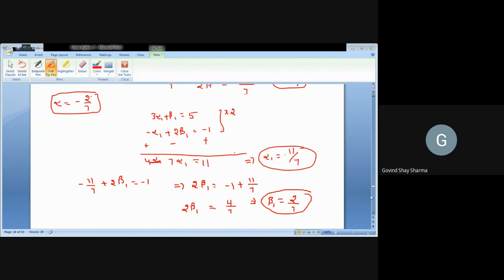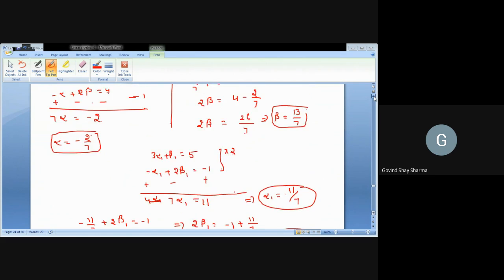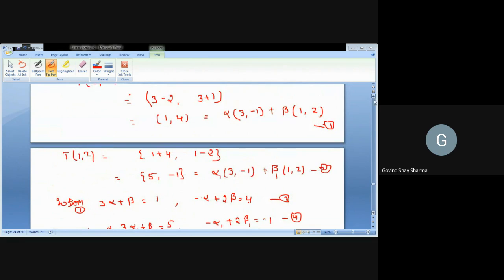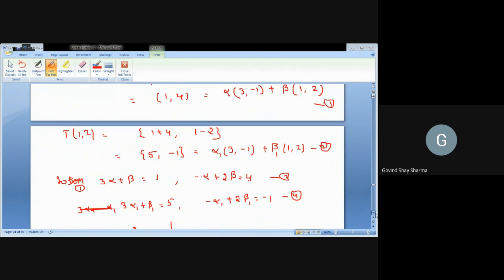So we put the values of alpha, beta and alpha 1, beta 1 into equations 1 and 2.